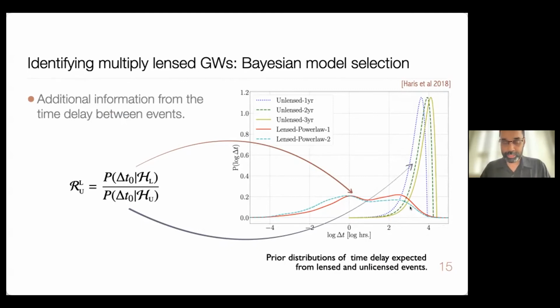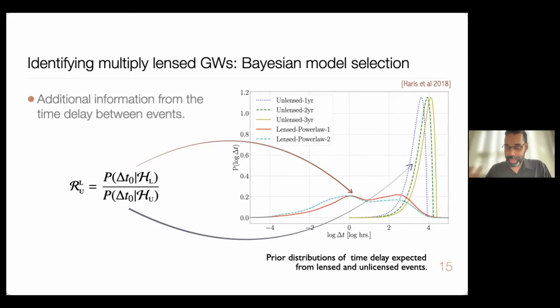And if we vary this, you get a slightly different distribution, but broadly they're consistent. In contrast, the distribution of the time delay between unrelated merger events, assuming these are Poisson processes, we can calculate, and they look very different. One could use this also to identify lensed events.